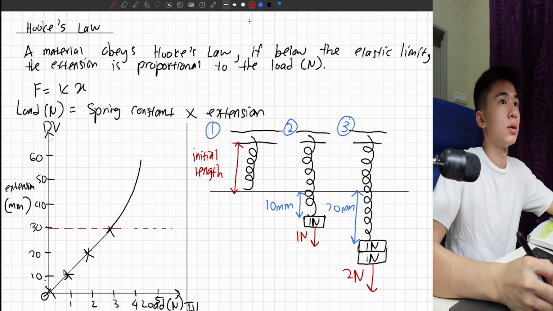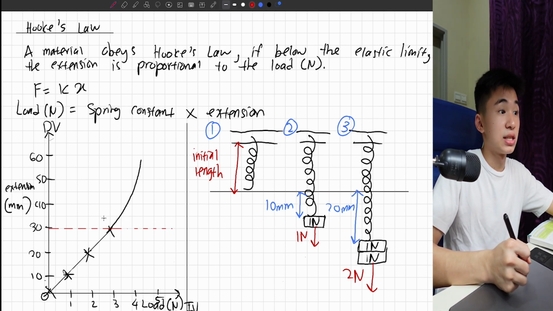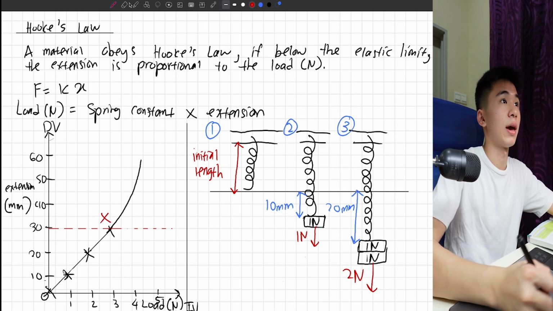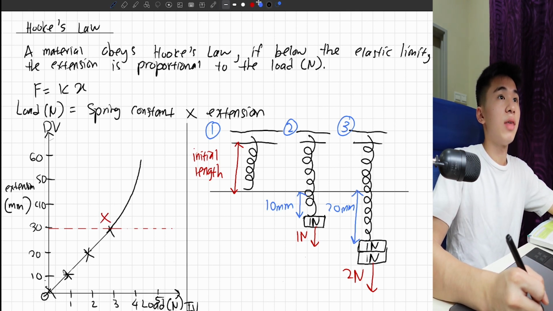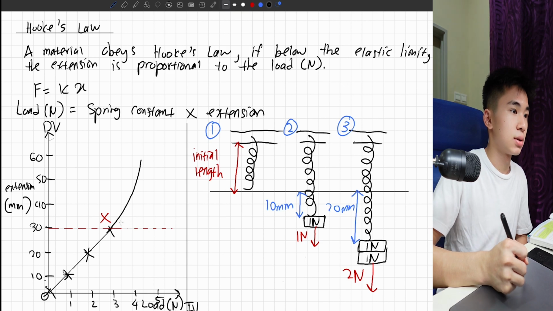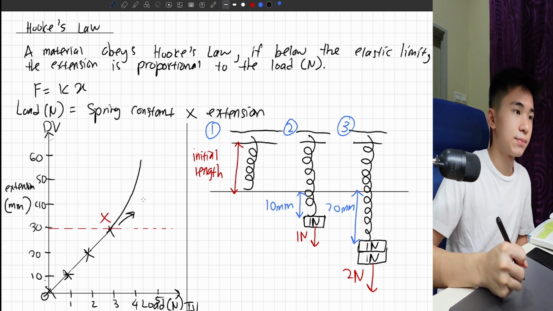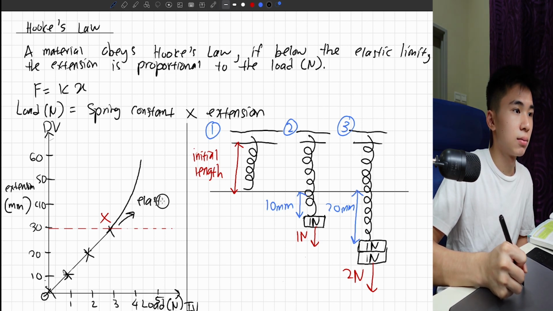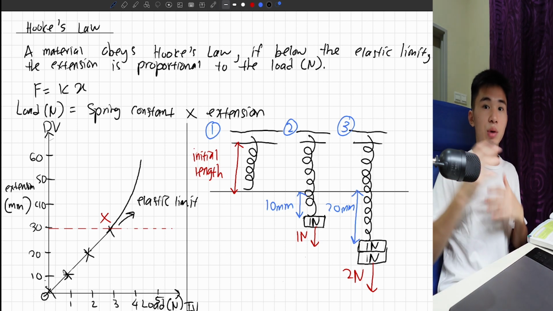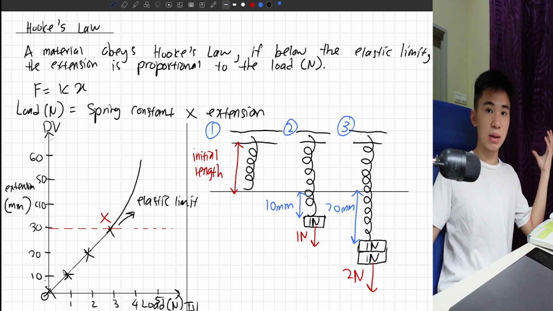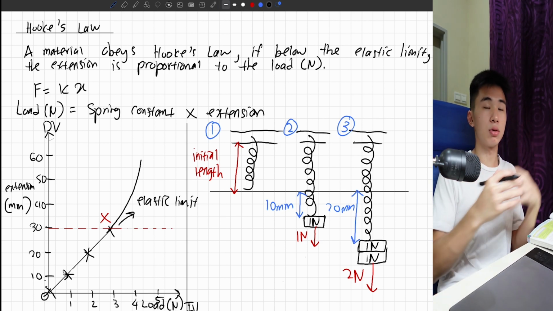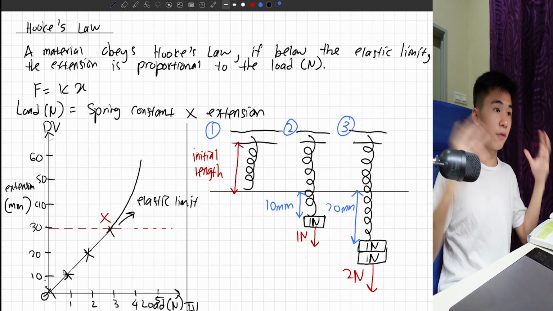Okay, so I'm just going to name this as point X, okay, point X. So there is a special name for this point, we call it the elastic limit. Elastic means when you stretch something or you compress something, it will go back to its own original length, original form.